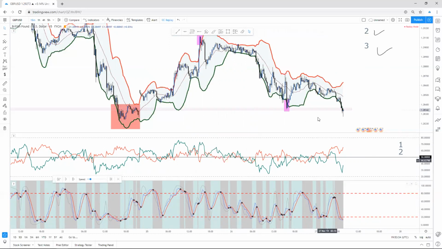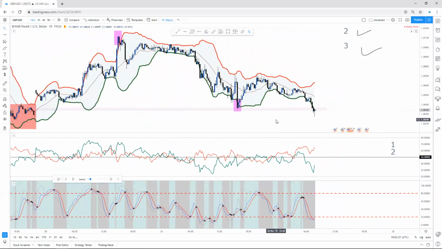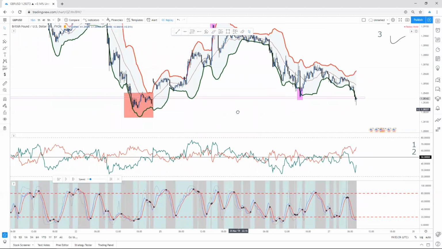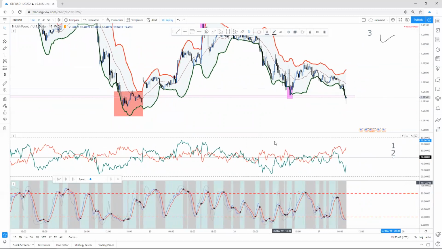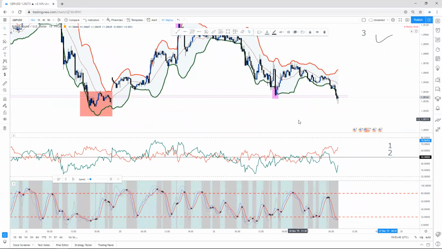So let's get into the confirmation, all right? For this indicator, we need to know something in advance. When we are using the currency strength indicator, how do we know which line needs to go up in order for the chart to go up, right? This is how. So remember, in the beginning of this video, we said that the first currency needs to be green.